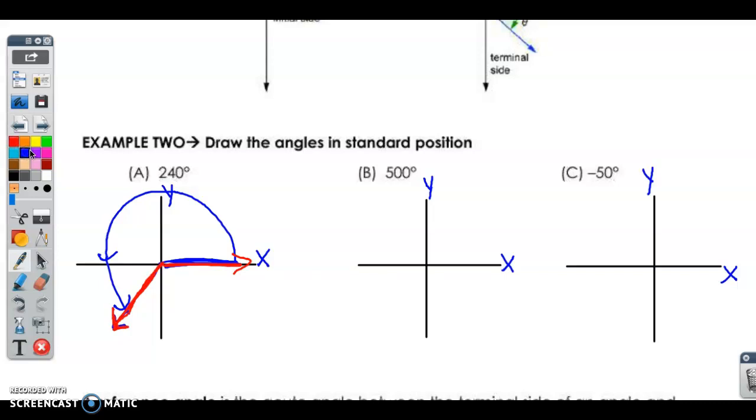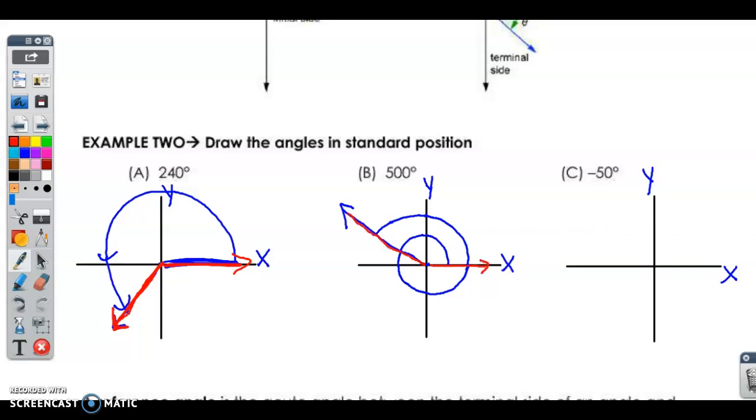500 degrees goes around once, and then 360 plus an additional 140, which goes past 90, somewhere over here, right? There we go. So the initial side would be here.